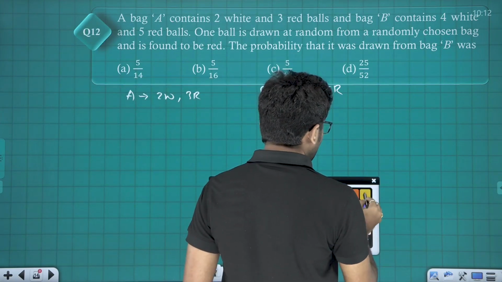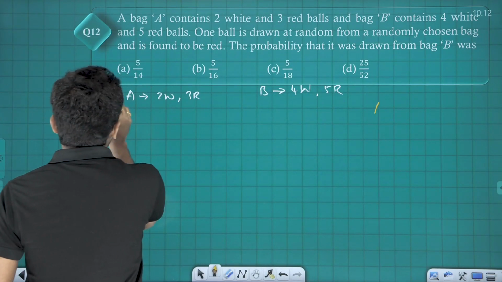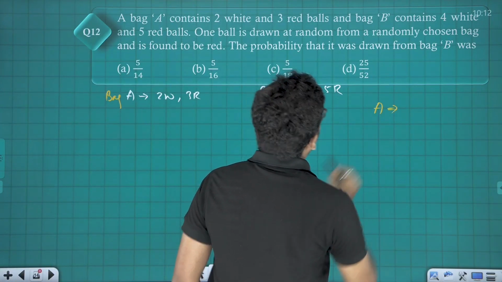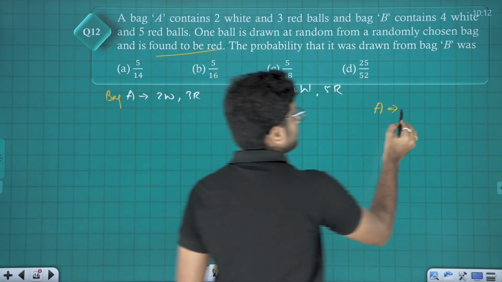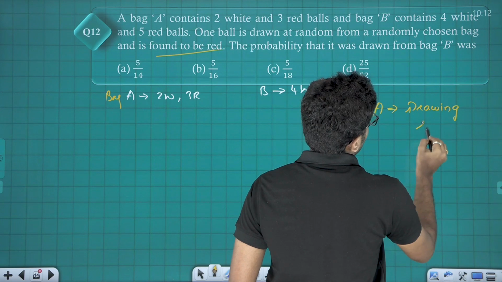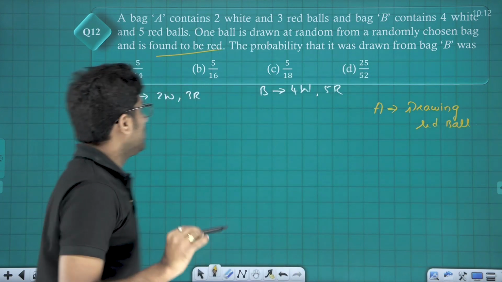Let capital A be an event of drawing a red ball, friends.